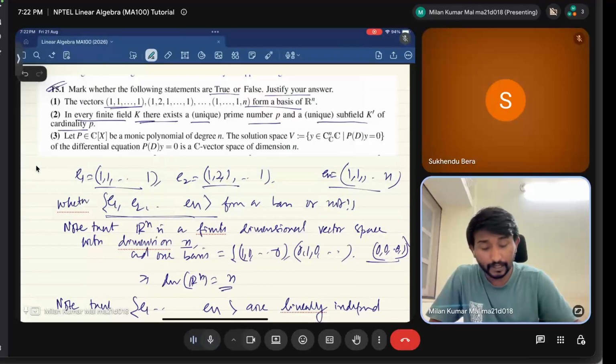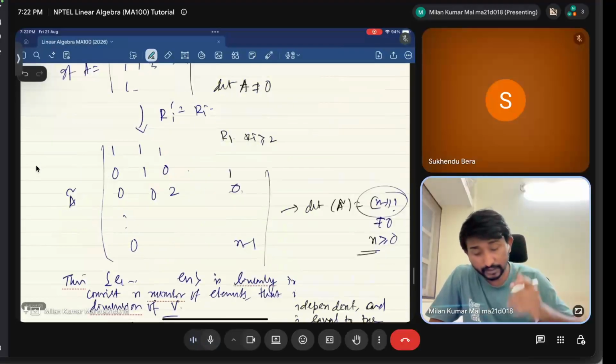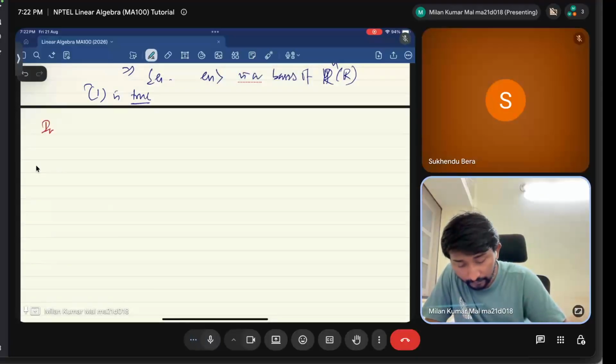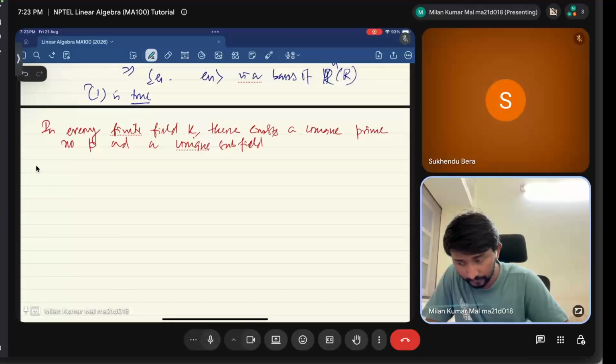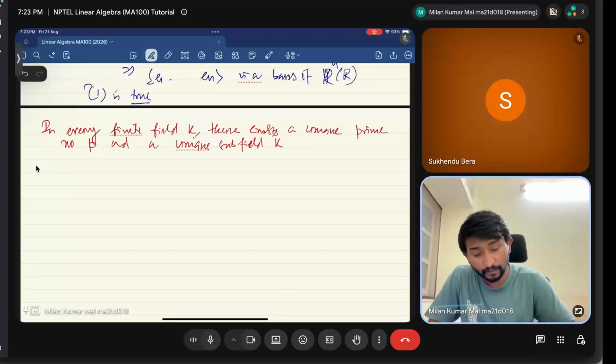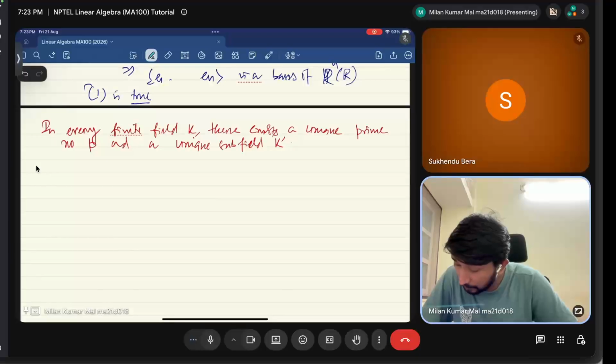In every finite field K, there exists a unique prime number P and a unique subfield K prime of cardinality P.